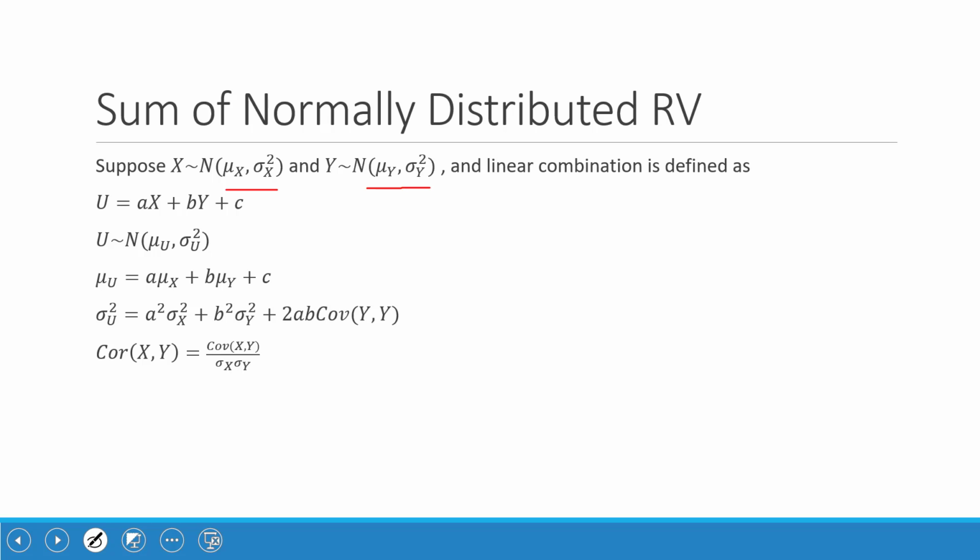Then a linear combination can be defined as any constant a multiplied by X plus any constant b multiplied by Y plus another constant c, right? So for any linear combination of X and Y, we observe that this newly formed linear combination is a random variable that is also distributed according to a normal distribution, and the parameters of that normal distribution can be derived as such.